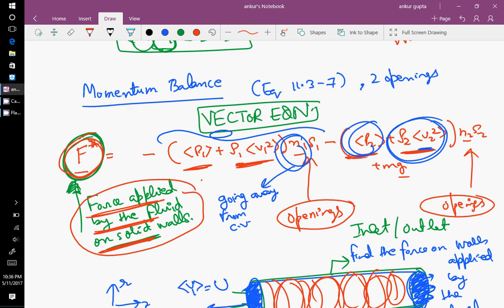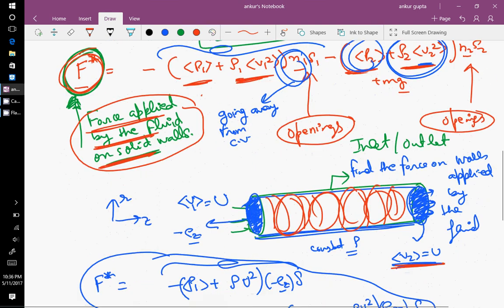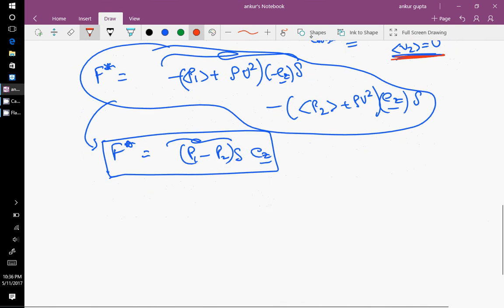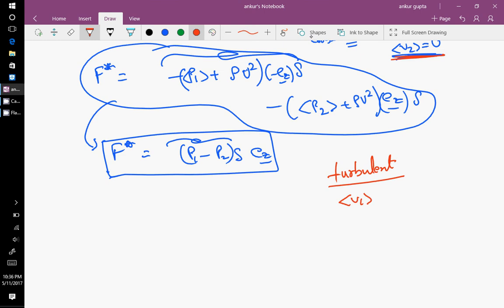Just a quick note, just in case anybody gets confused, I assumed implicitly here that the flow is turbulent. I'm sorry if there was any confusion, because I assumed that the average of V1 square is equal to U square.